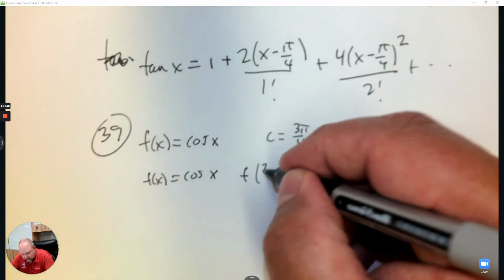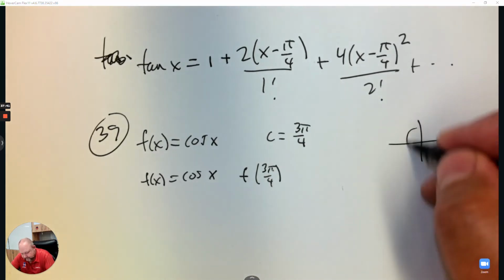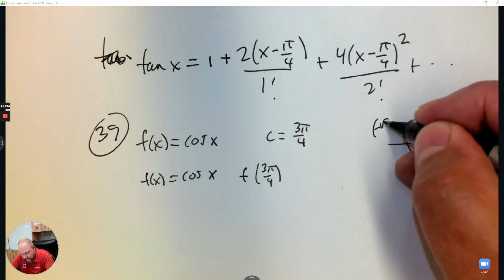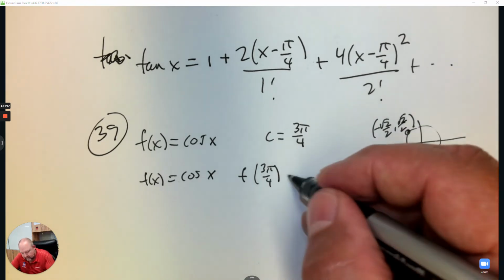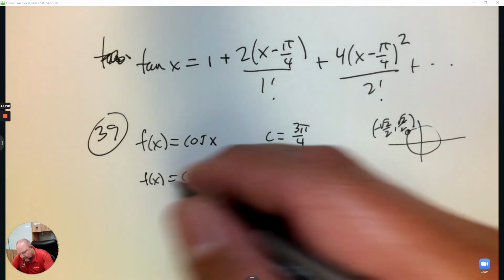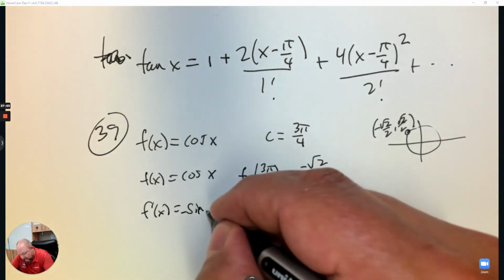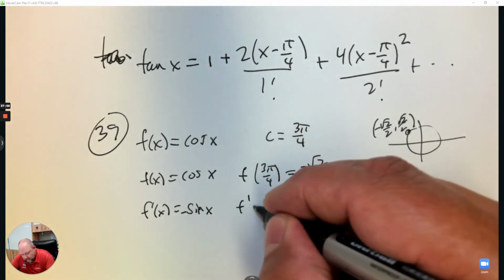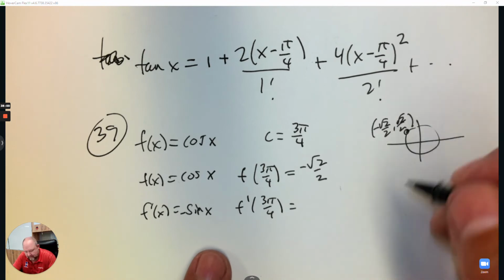So f at 3 pi over 4. That's here. There's 3 pi over 4. So the x-coordinate there is negative root 2 over 2. The derivative is negative sine. So the derivative at 3 pi over 4, it's the y-coordinate, make it negative.